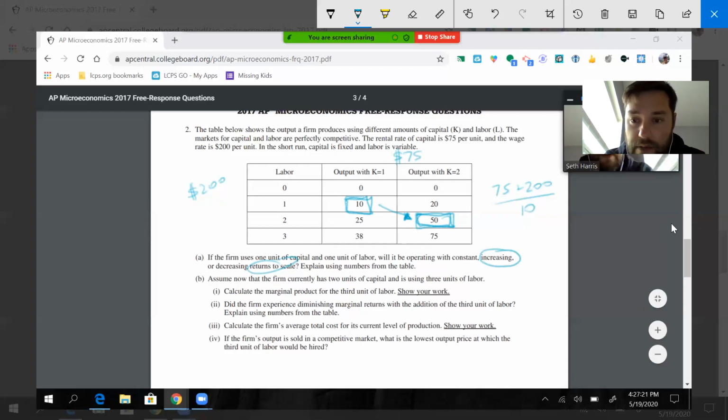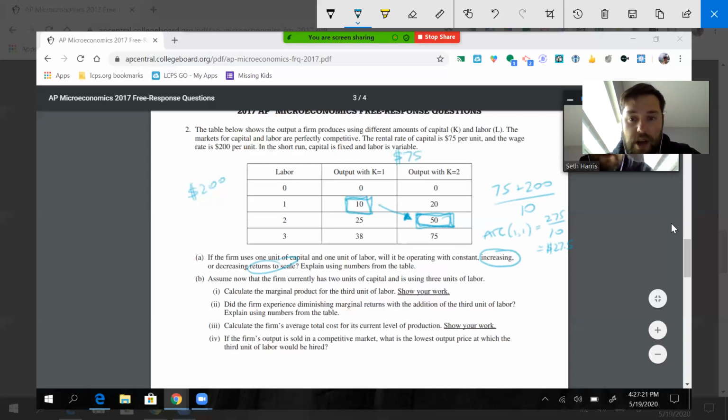So the average total cost for 1 and 1 is 275 over 10, which is 27.50.